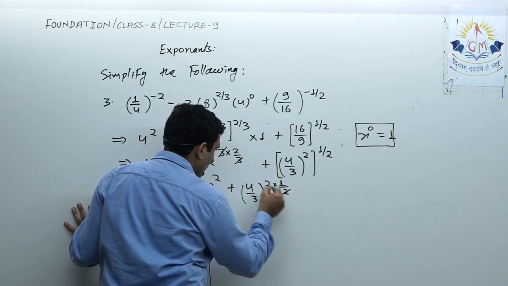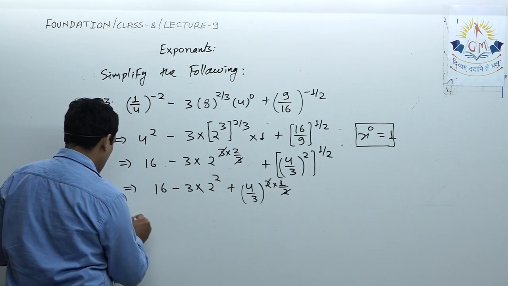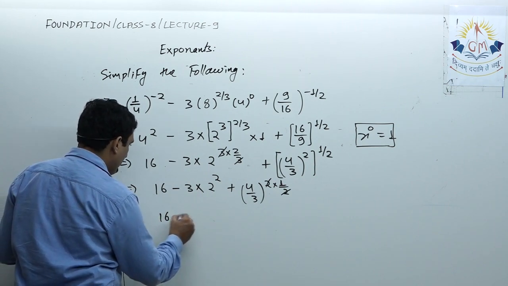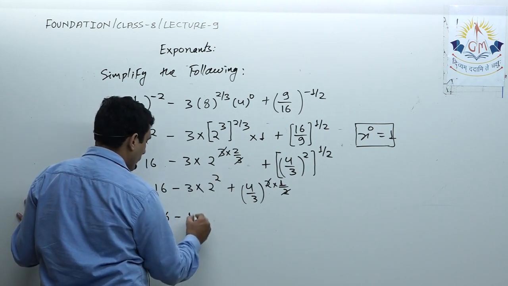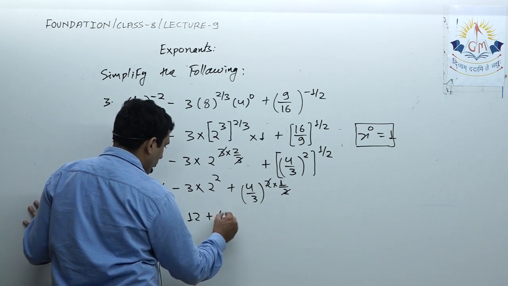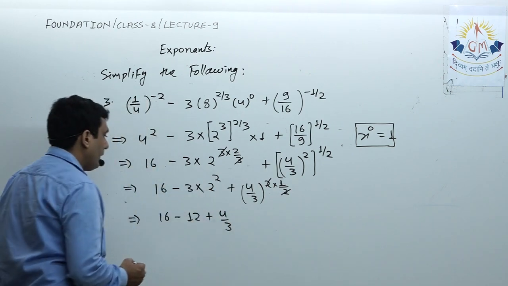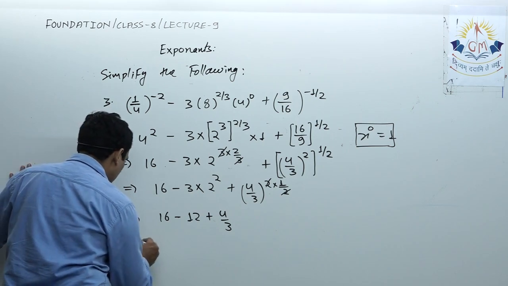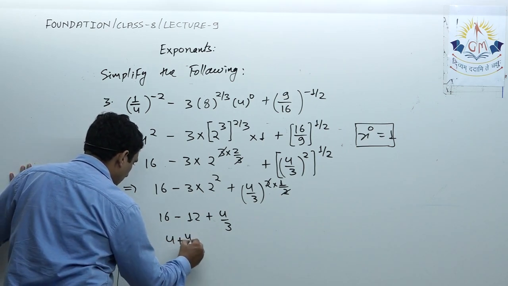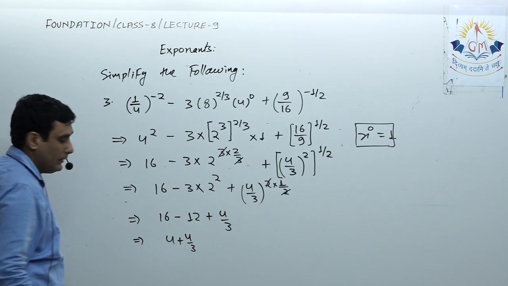Now I can cancel this 2 and 2 as well. So here I have 16 minus 3 4s are 12 plus 4 by 3. Now 16 minus 12 is 4 plus 4 by 3.